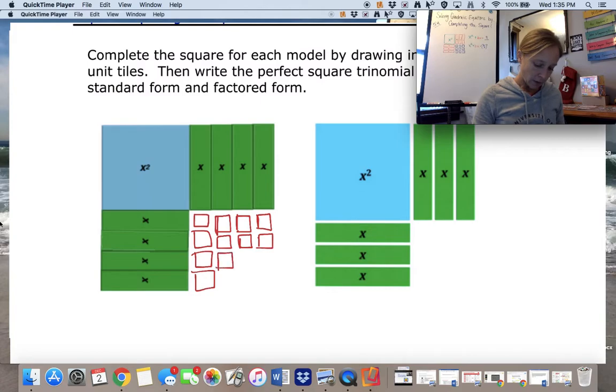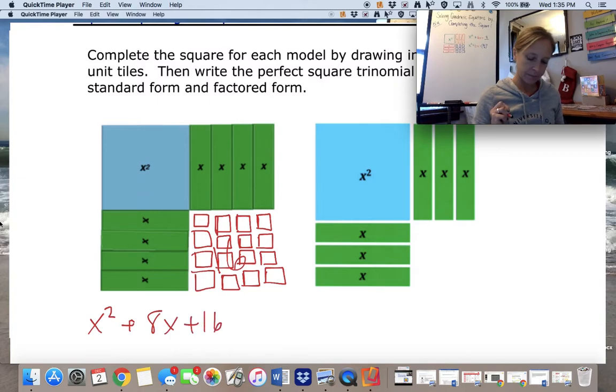I'm noticing though, as I'm drawing these, I've got a 4 by 4 space that I have to fill in. So I know I'm going to have 16 squares here. So I'll have x squared plus 8x plus 16.